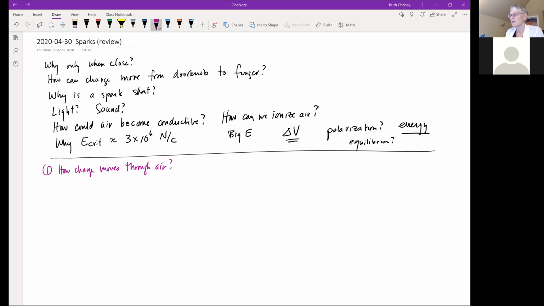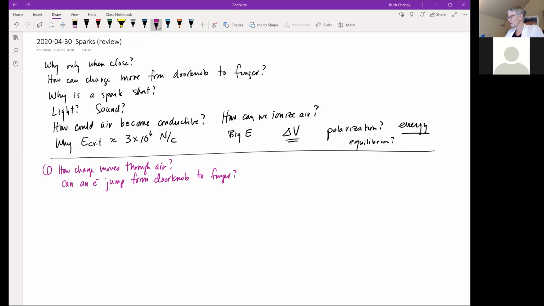So we need to rule out, if nothing else, can an electron jump from doorknob to finger? Okay.